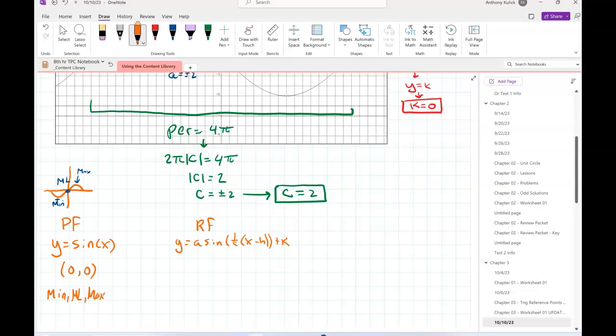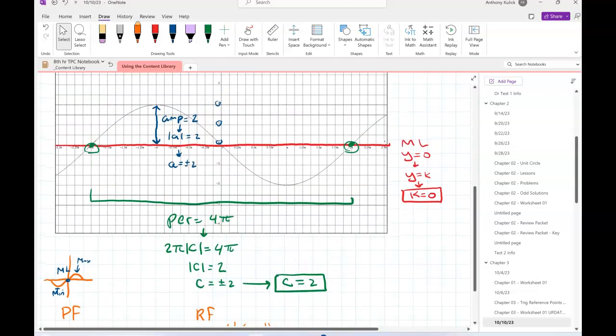But every time I do one of these problems where I'm given a graph and I'm writing a sine function, the point I'm going to choose from my parent function is always going to be 0, 0, and it's always going to be a midline max point. What I'm going to do now is I'm going to go to my resultant function, the graph that I'm given, and I'm going to choose a midline point from there.